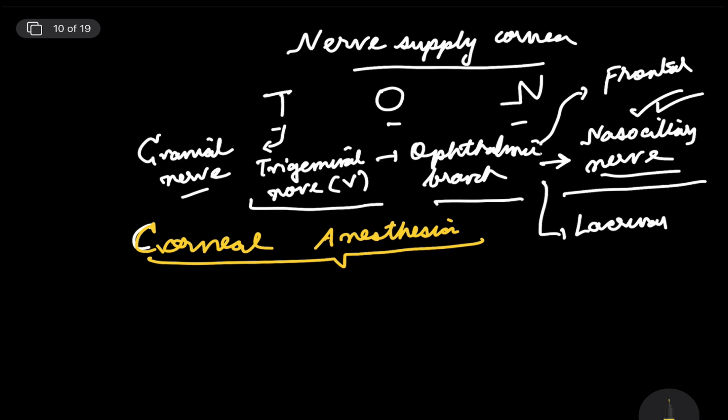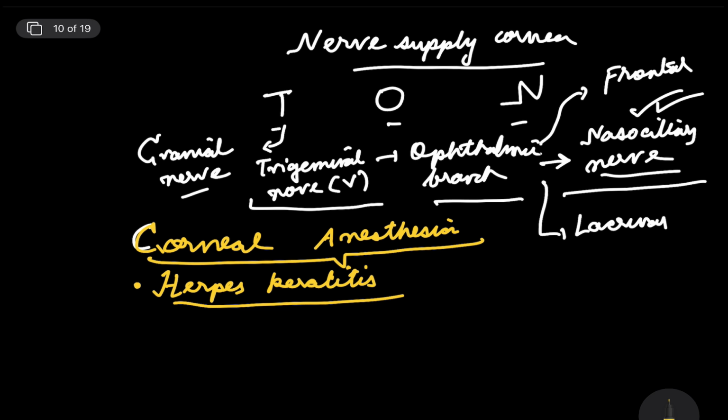The most important reason for corneal anesthesia is a pathology we'll talk about later known as herpes keratitis. Herpes keratitis is the leading cause of corneal anesthesia, and in fact one of the hallmark features of herpes keratitis is corneal anesthesia.